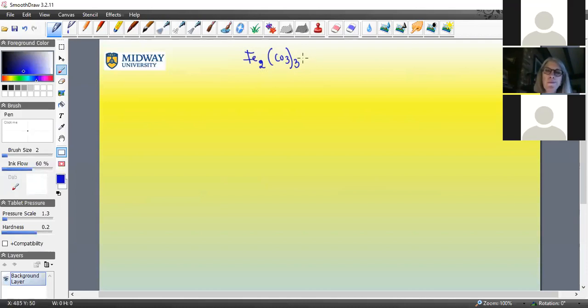So if you were to get the molar mass of this, iron, I believe, is roughly about 56. So it's 56 times 2 plus 3 times carbon is 12 plus 48. This is the way I have done it in my videos, and if you set it up this way, the chances of you making mistakes are very slim.